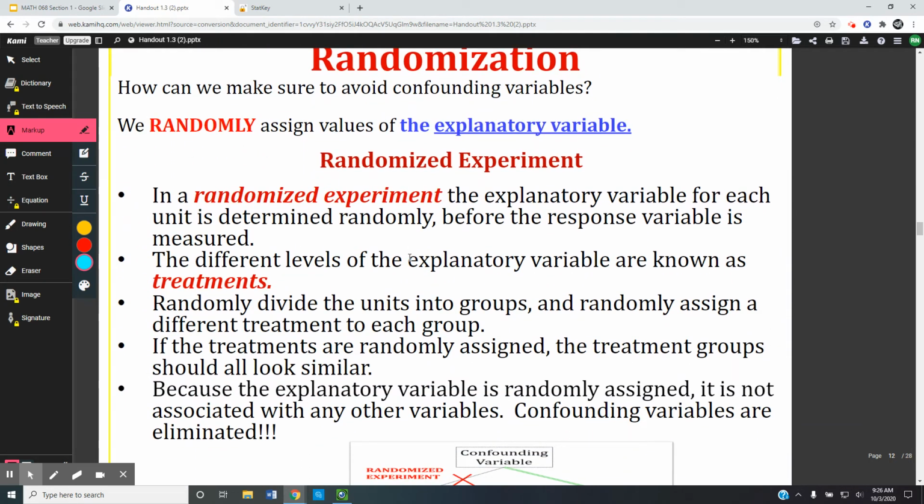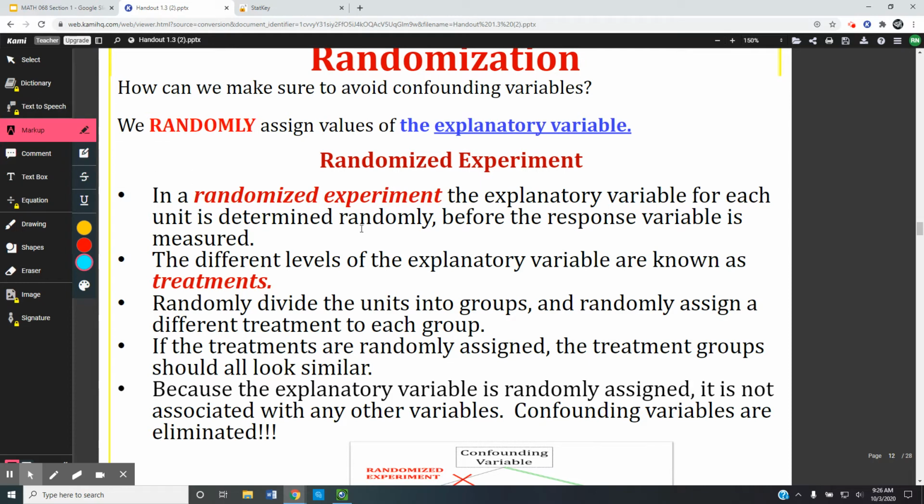When we talk about randomization, it is important because it helps us eliminate that variable, that confounding piece we're talking about. So in a randomized experiment, the explanatory variable for each unit is determined randomly before the response variable is measured.